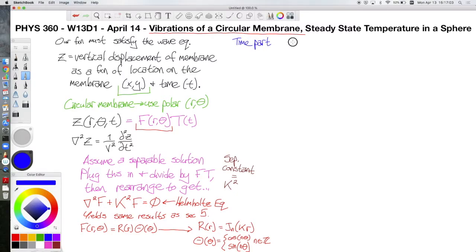Here we obtain the equation that the double derivative of T with respect to time plus kappa squared v squared times T equals 0, which has solutions of, again, sines and cosines, where the argument of our sines and cosines is going to give us kappa vt, rather than just kappa.